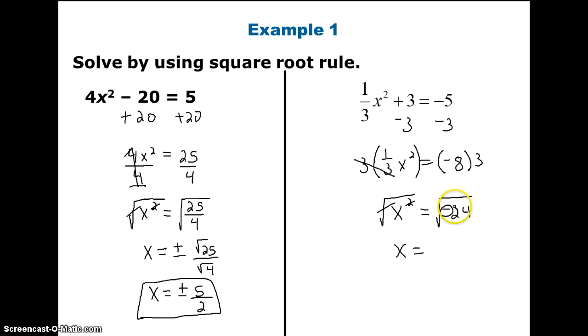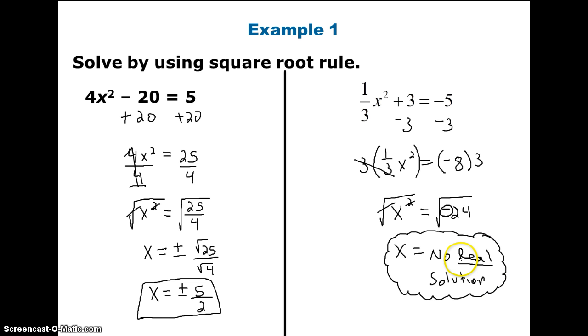But for now, since we have a negative inside of the radical, meaning the radicand is negative, we can write down we have no real solutions. Once again, notice I'm writing the word real. We are going to have imaginary solutions later on, but for now, it's okay to have no real solutions.